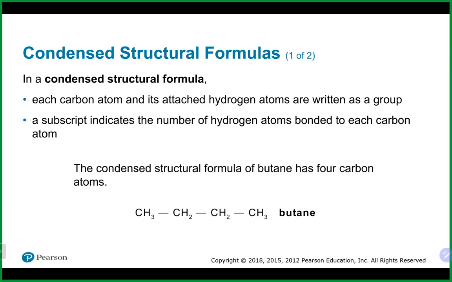We talked about some of this, so we'll go through some of it a little bit quicker. Obviously, we talked about the condensed formula. We do typically still draw the dashes between, but we do not draw out the hydrogens. Also, a reminder: although in the condensed formula it may appear that the carbon is attached to the hydrogen, it is actually the carbons attached to the carbons, with the hydrogens attached to those.